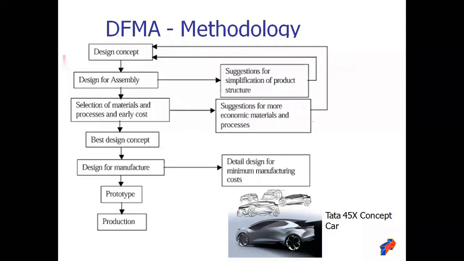So based on the first four steps of the flowchart, you refine the concepts to be more and more optimized. So you come up with the best possible design idea, and based on this concept, you are entering into the manufacturing sector.